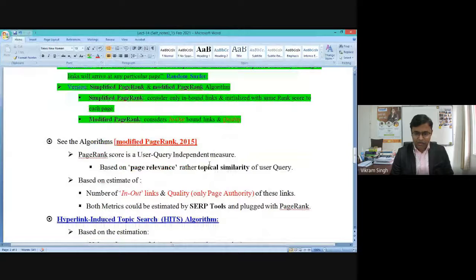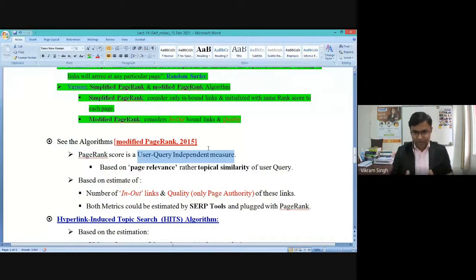Naturally, one thing is very important here: this modified PageRank algorithm has nothing to do with the user query, right? Whatever score we are generating right now for a certain web page or link has nothing to do with the user query, because the user query will come in the future.